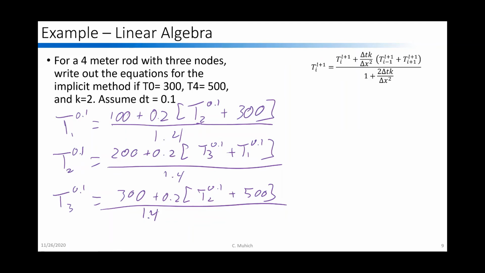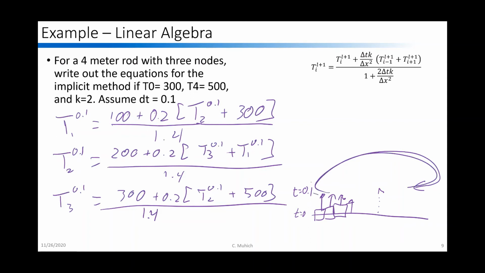So what we're really saying is, as I move from one time, t equals 0, to t equals 0.1, before we just went through and looked at each individual point and moved it forward in time, right? This was the explicit method. Now with the implicit method using Gauss-Seidel, I need to do this iteratively.